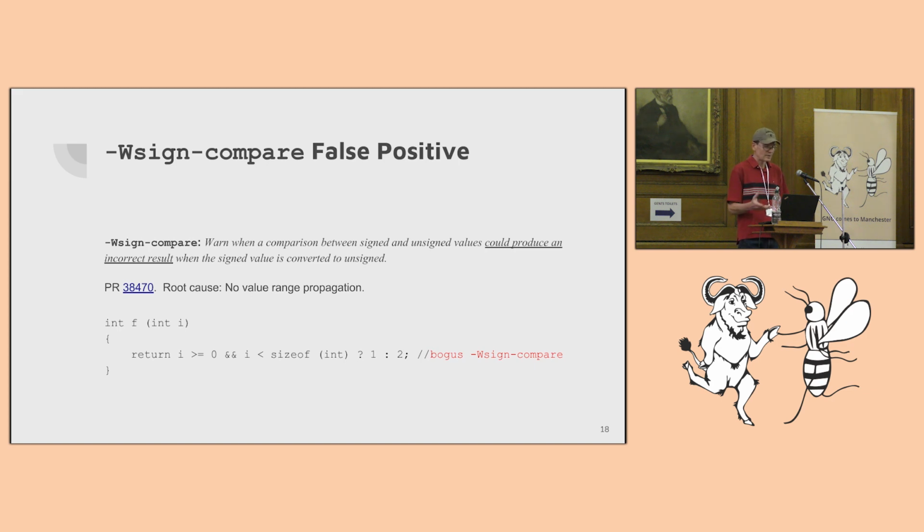And here we have a rather old bug report that shows that we end up with a bogus -Wsign-compare warning in an expression where clearly the value of i cannot be negative because the first sub-expression prevents it. So this is the root cause here. Again, we have no value range propagation to see that the value of i is constrained to non-negative values here.